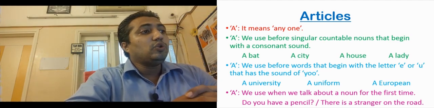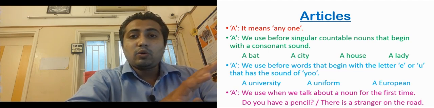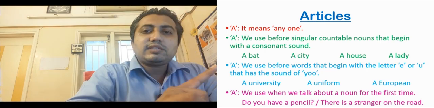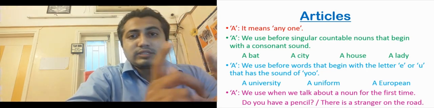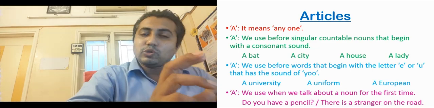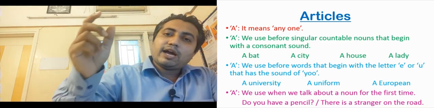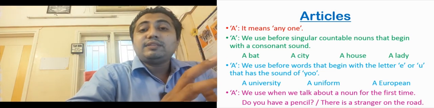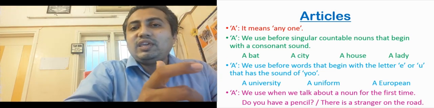Now a is used with some words that begin with a vowel letter. कुछ words हैं जो e से और u से start होता है, vowel से start होता है. A, e, i, o, u is a vowel. So there are some nouns which have e or u in the beginning, but their sound is not of e or u.